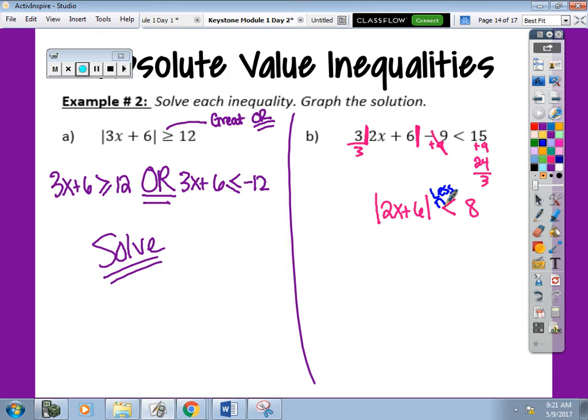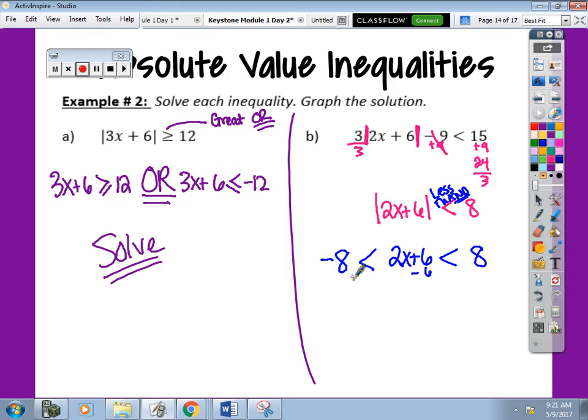This is a less than, okay? Which usually when I do the and, I don't set up two separate, I do that string of inequalities. So I would have positive and negative 8, so negative 8 and positive 8 would be my two end points. And then the 2x plus 6 goes in the middle. And then these would be both less than symbols, so that it's already in a compound inequality format. And then you would just solve from here.